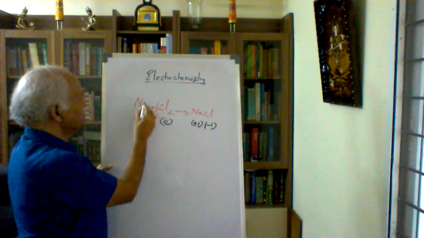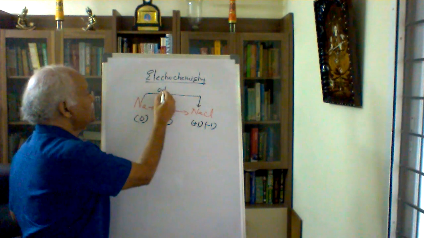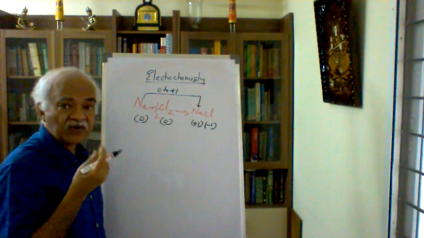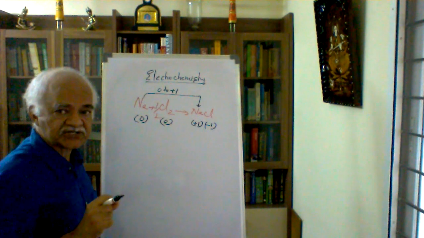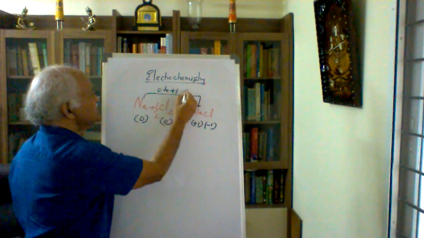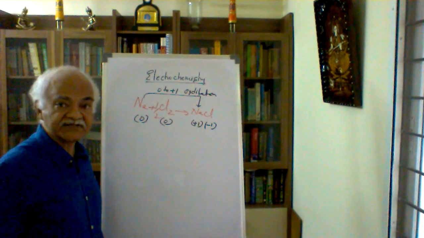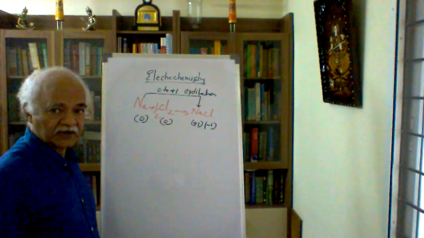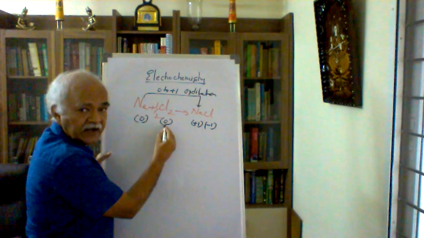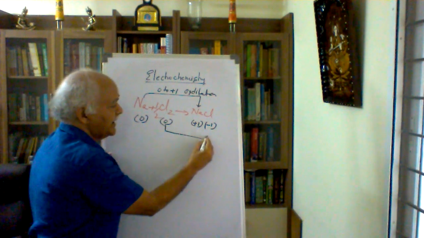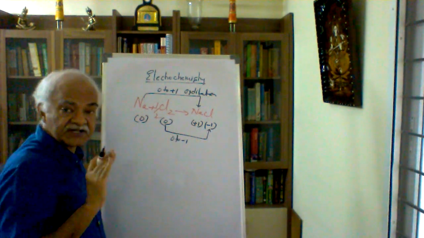So if you first take sodium, it has converted from sodium to sodium plus, 0 to plus 1. That is, there is an increase in oxidation number. Such a reaction where there is an increase in oxidation number is called an oxidation reaction. If you focus on chlorine now, it has come from 0 on the reactant side and got converted to -1. 0 to -1 means there is a decrease in oxidation number.